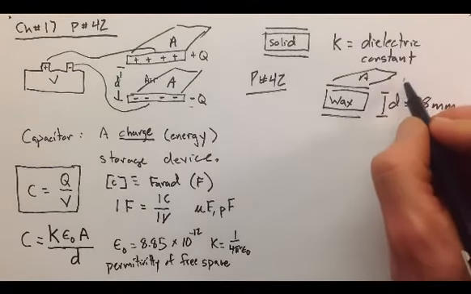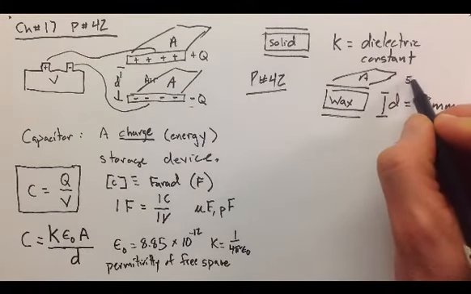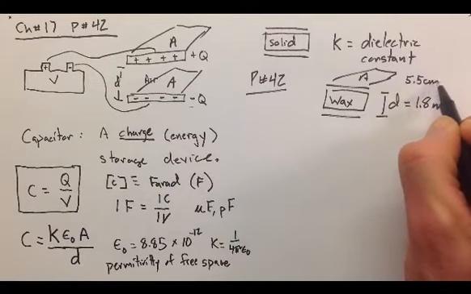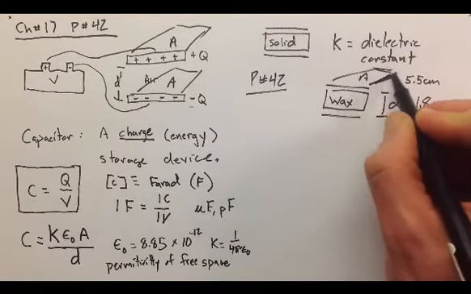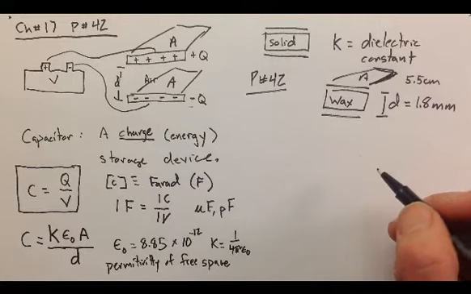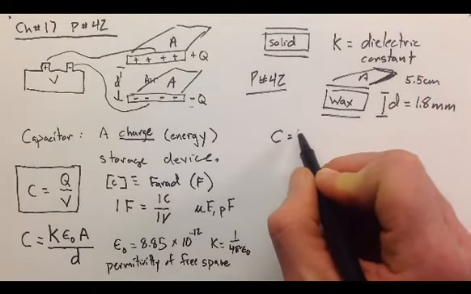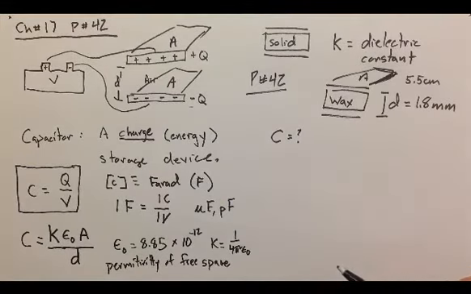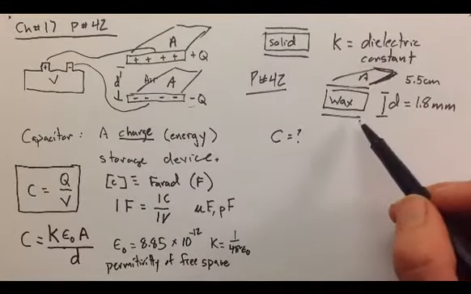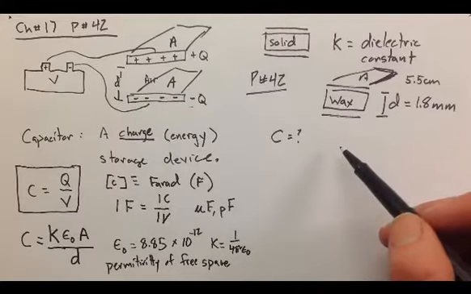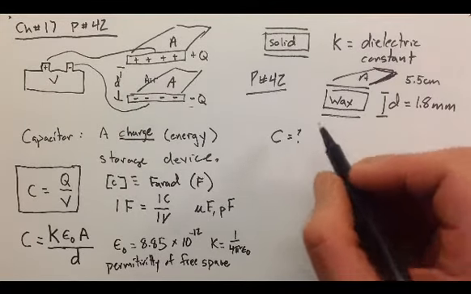The square plates on top are 5.5 centimeters on each side. And we want to know what is the capacitance of this capacitor made out of paraffin wax, two square plates, and a certain distance apart.